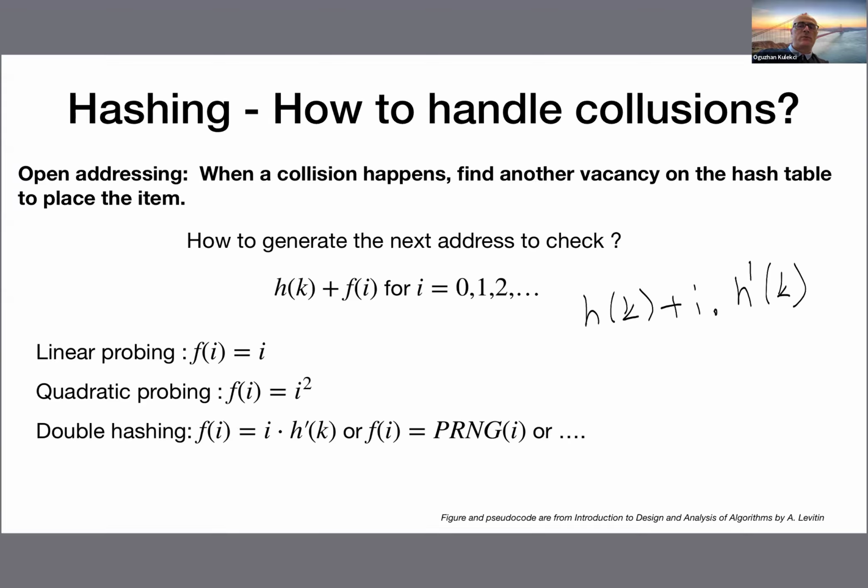When i is equal to 0, initially, I don't need to compute it. But if it hits something, next time I will compute this position. The next time, if it is already occupied, 2 times whatever this value is, and then 3 times, and it goes on.